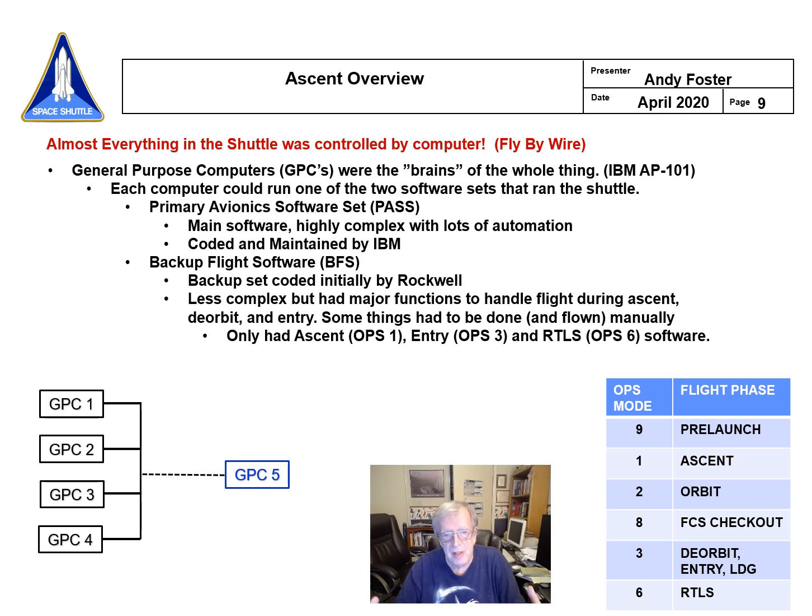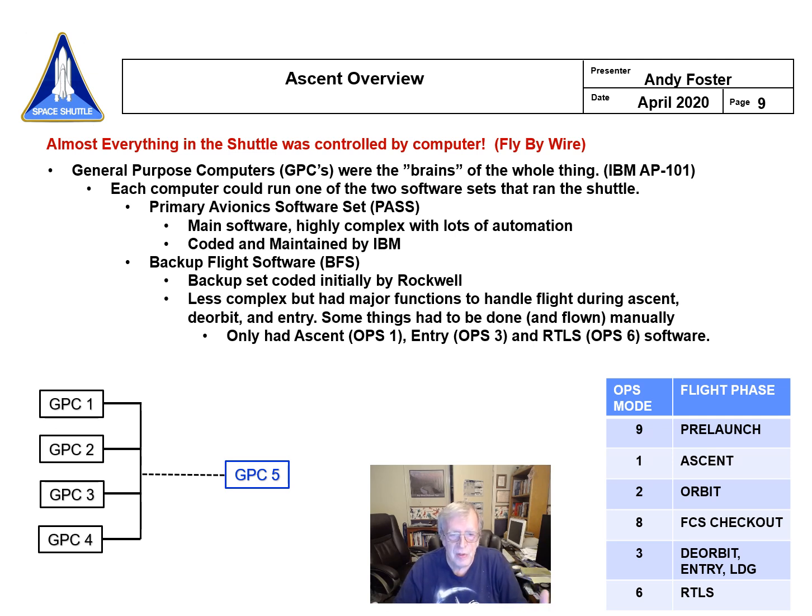It had ascent and entry software, enough to control and take the orbiter up, deorbit it and bring it home. And it was a backup set coded initially by Rockwell. In other words, you had two different groups doing the coding for these two software sets, and the idea was that you wouldn't have the same kind of software coding errors make their way from one to the other.